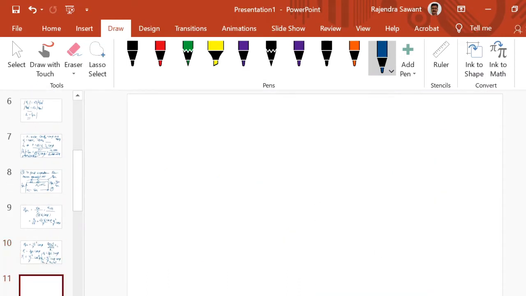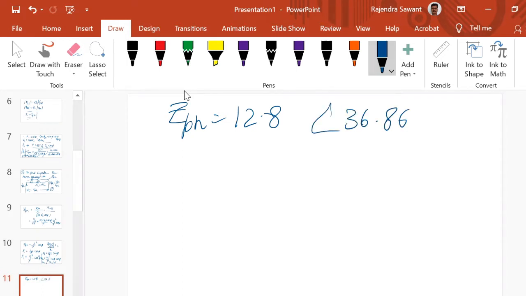We found from our computation that ZPH is equal to 12.8 angle 36.86. That is how this 36.86 has come, because this is cos inverse of 0.8, in degrees.